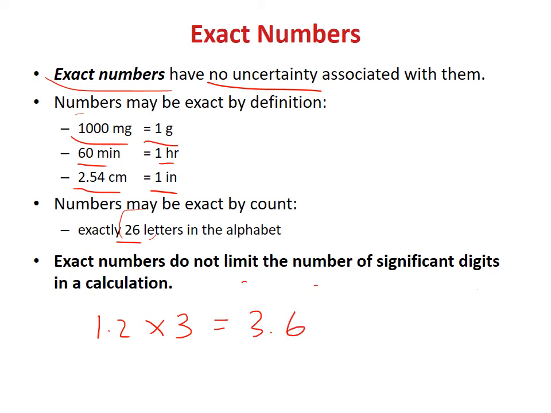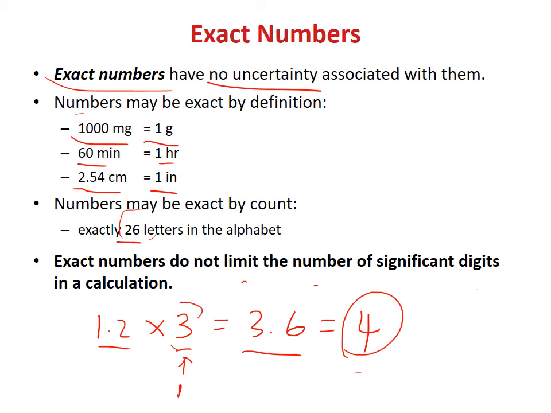3.6. Now, if both are measurements, then the fewest significant digits is 1. So this is 1, and therefore the answer should round to 4, because the answer should have the fewest significant figures as the measurements. So that's the answer.